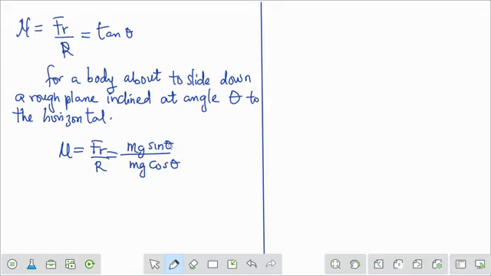Now it means mg cancels mg. So sin theta over cos theta will be what? Tan theta. You know that in mathematics, sin theta over cos theta is tan theta. So this is how we get this tan theta. Now for a body about to slide down a rough plane inclined at angle theta to the horizontal, that's the formula for it.